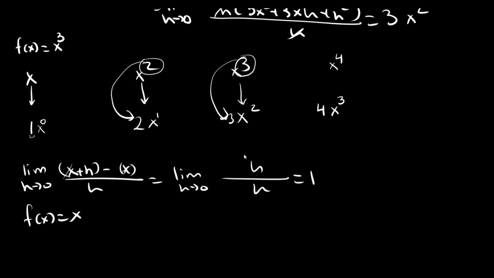All right. So let's take a new page. I take my limit as h approaches 0 for (x plus h) to the power of n minus x to the power of n, divided by h.